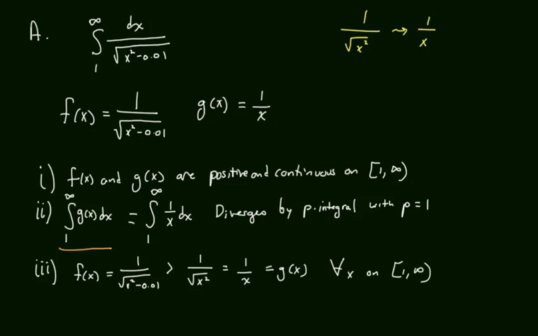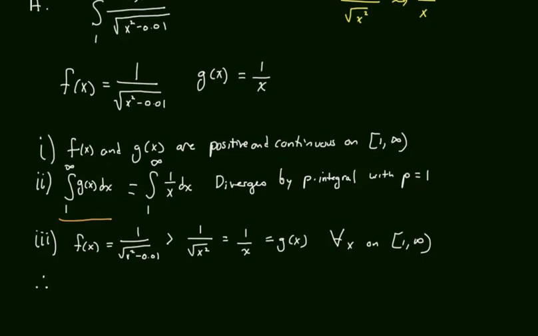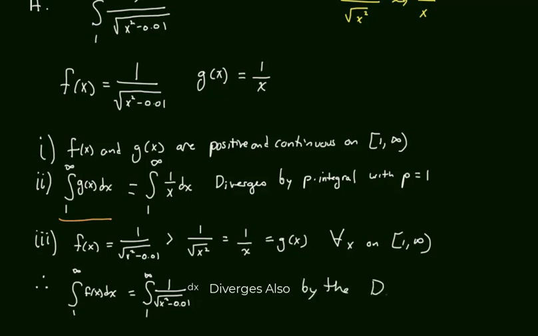And therefore, let me just scroll down slightly, and therefore the integral from 1 to infinity of f of x dx, notice I wrote that generically, I'm going to ask you to do the same, which equals the integral from 1 to infinity of 1 over the square root of x squared minus 0.01, diverges also by the direct comparison test.